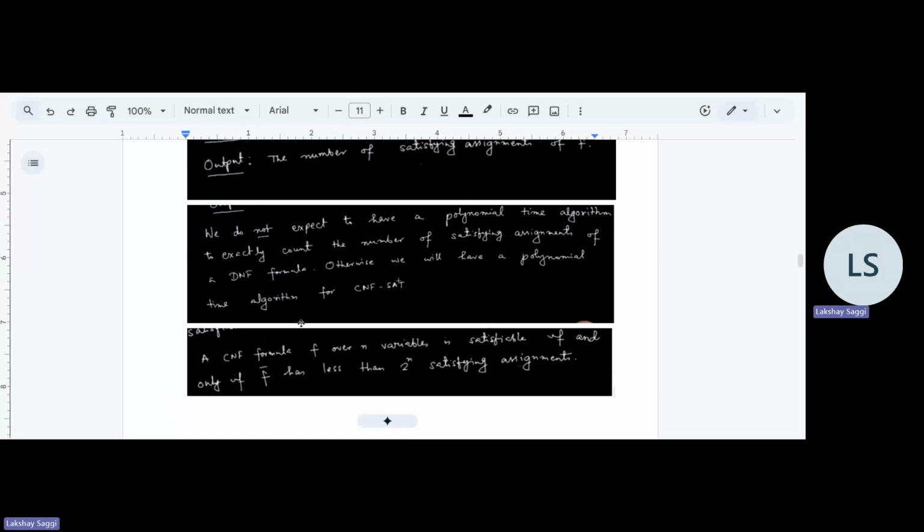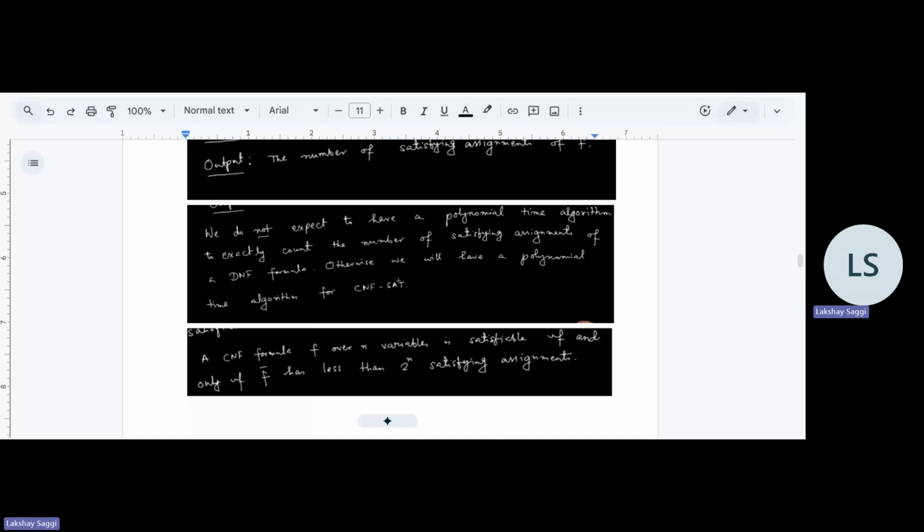So if we are able to count the number of satisfying assignments for f bar, then we'll also be able to tell whether there exists at least one satisfying assignment for the formula f. And why is this true? Suppose there exists at least one satisfying assignment for f.